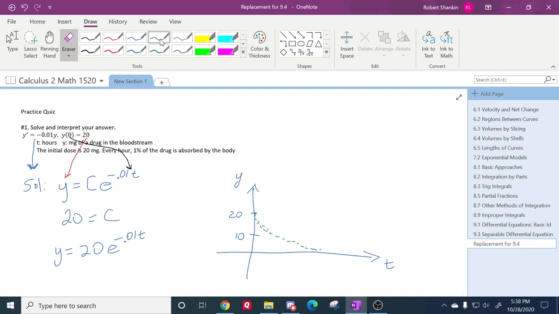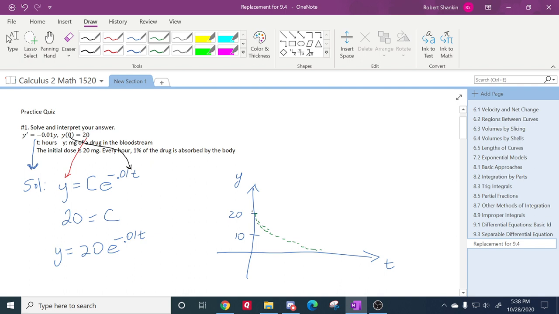Very nice, very nice. And also, when you lose 1% every hour, the first hour, you're going to lose 1% of 20, which is, now 10% would be 2, so 1% would be 0.2. You're going to lose 0.2 milligrams. But when this gets down to, let's say, 10 milligrams, then once it has hit down to 10 milligrams, the next hour it's only going to lose 0.1.